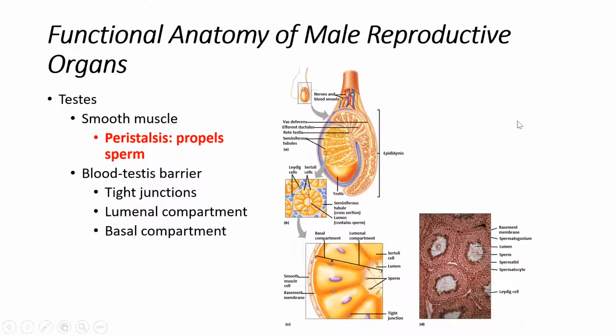So if you think about it, things like the mumps virus can be very detrimental to sperm. Other pathogens and toxins that are circulating in our bloodstream can be very toxic and detrimental to the health of sperm. And the blood testis barrier prevents that toxicity and that injury to those sex cells, to those gametes.